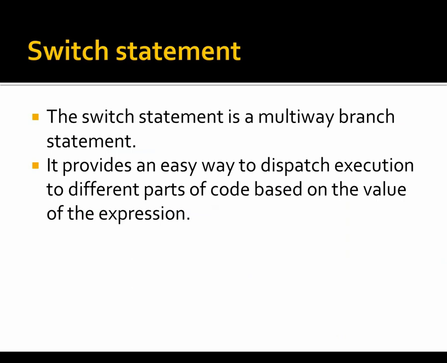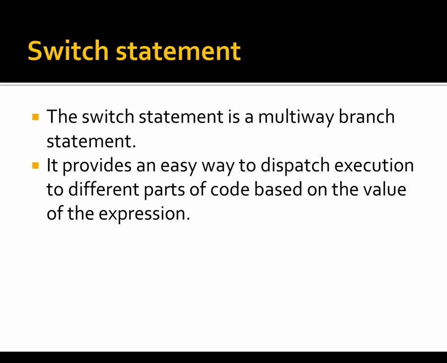A switch statement is also called a multi-way branch statement because it can have multiple ways of executing, and depending on some value, maybe an integer value, based on that you have to determine which part of the switch body will be executed.